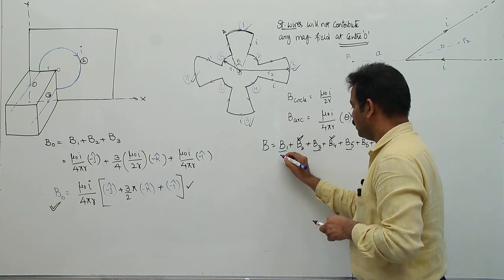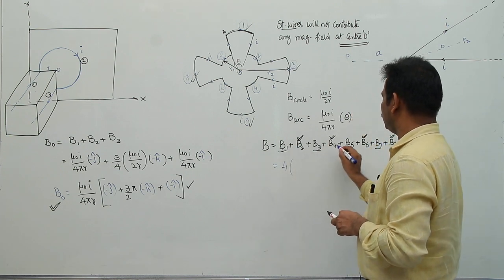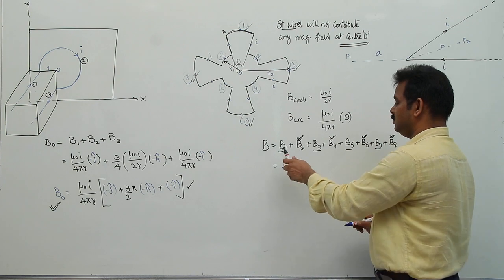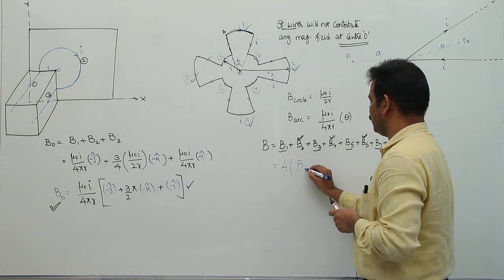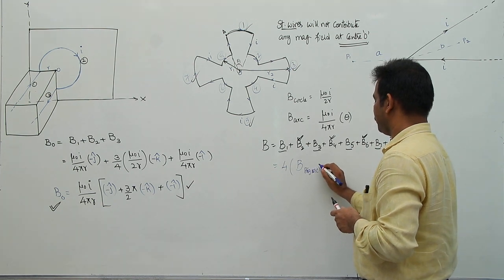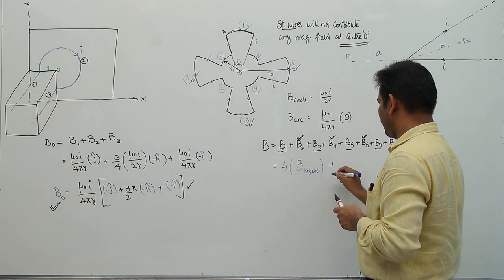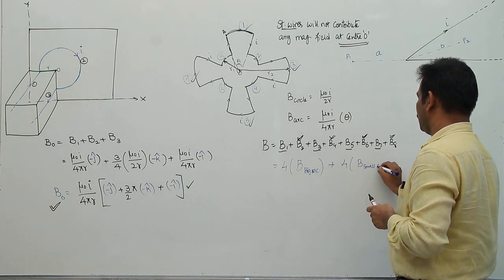So what am I going to write? I am going to write this as 4 into B1, B3, B5, B7 are almost all equal. So 4 times the magnetic field due to a big arc plus 4 times the magnetic field due to a small arc.